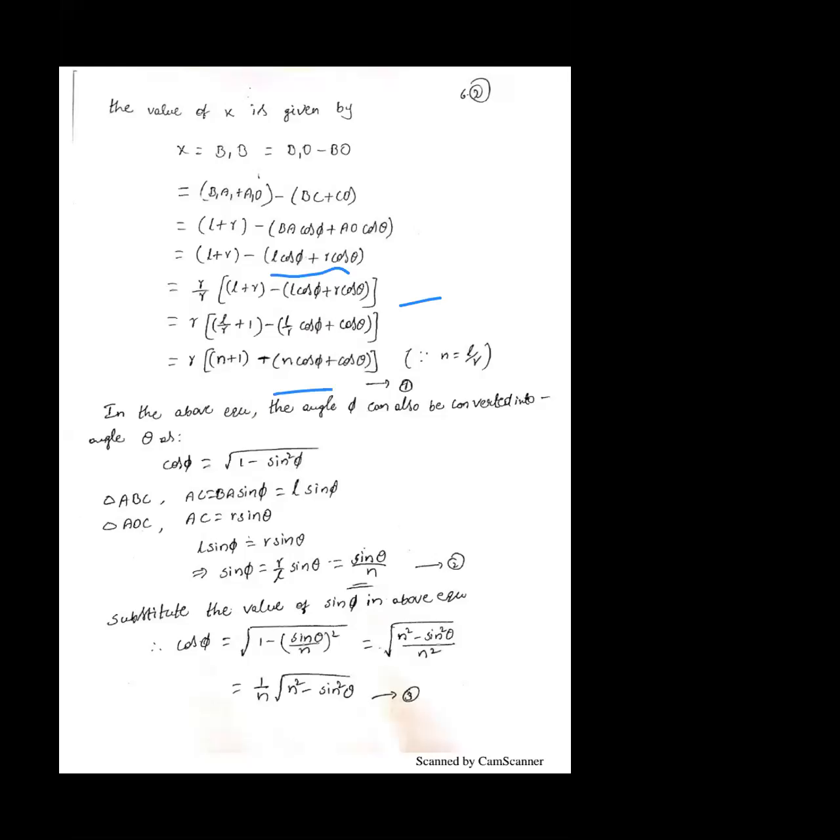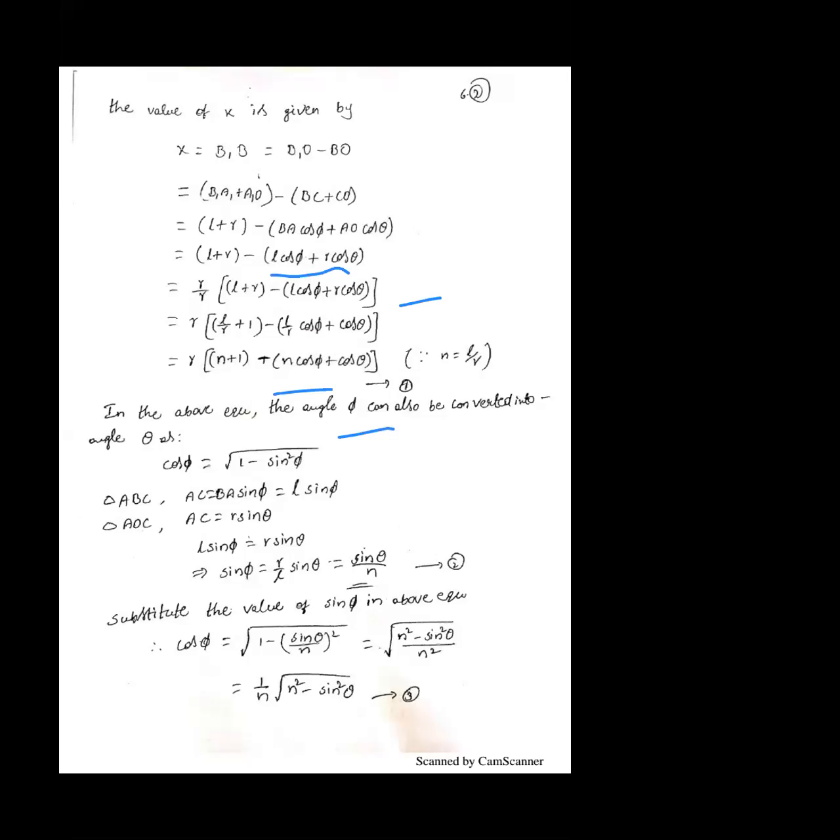That is taken as equation number 1. Now in the above equation, the angle phi. Actually you will find the displacement of the piston, that is R into N plus 1 minus N cos phi plus cos theta.